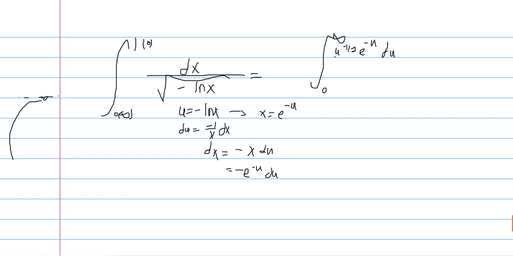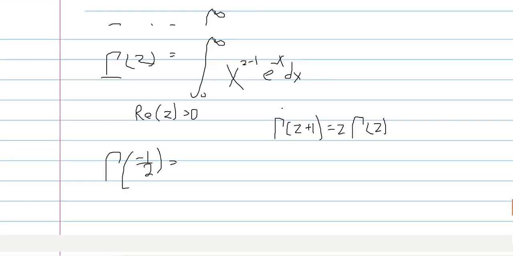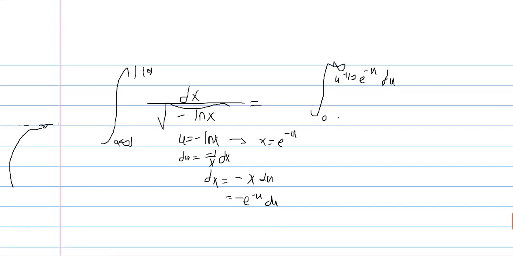Well, great. This is actually equal to the gamma function. As we see here, this is equal to the gamma of 1/2. And in the last video on factorials and the gamma function, I showed that this is in fact equal to the square root of pi.